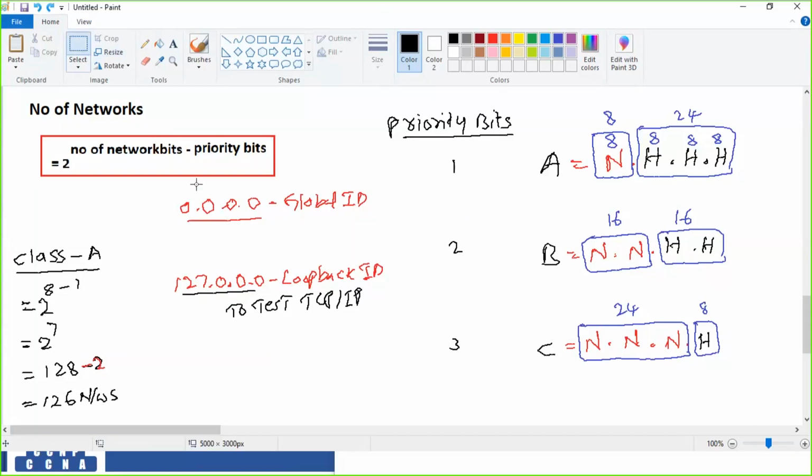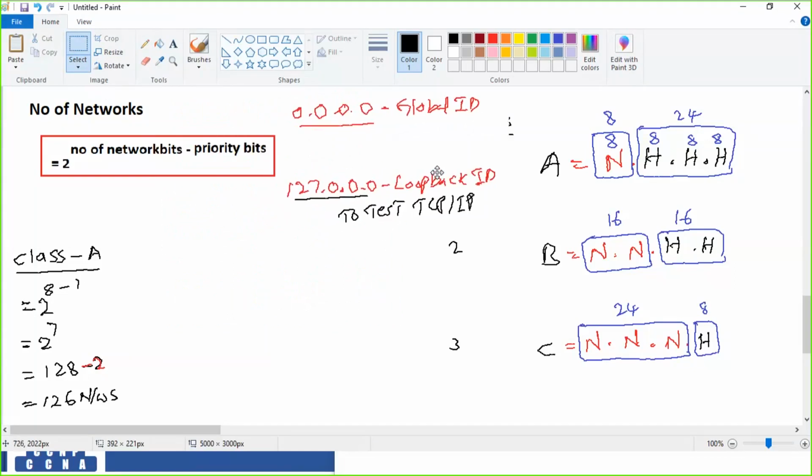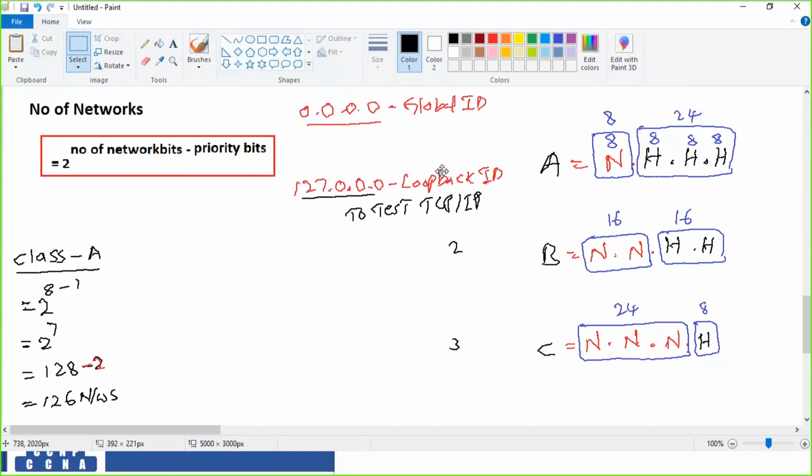Next. Global ID and loopback ID is done. For class B: 2 power number of network bits minus priority bits.